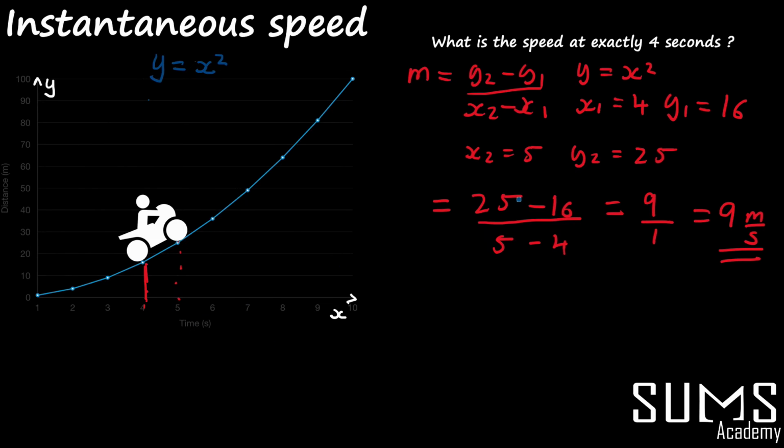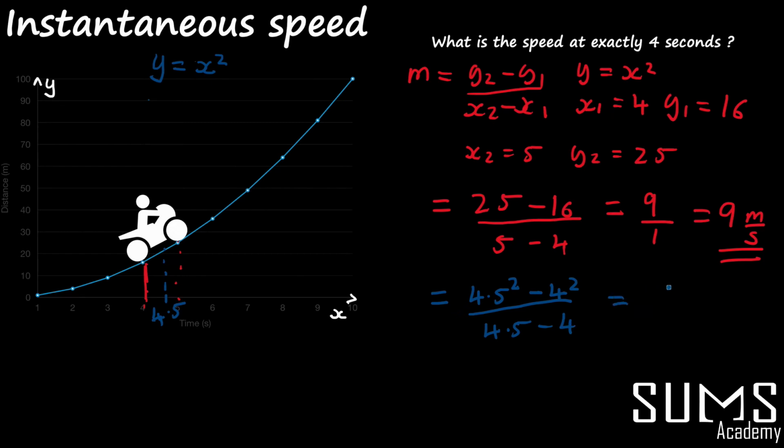So instead of taking our x2 point as 5, why don't we take it as 4.5? So how would that change the gradient? Well, let's have a look. Our new y2 is 4.5 squared minus 4 squared, and our x is 4.5 minus 4.